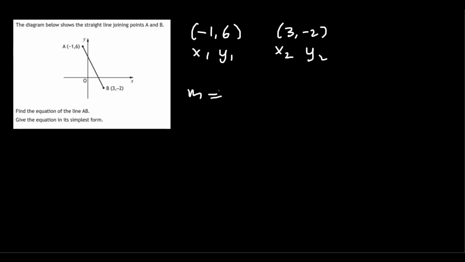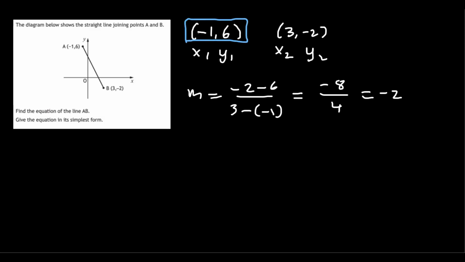So the gradient would be y2 minus y1, so -2 minus 6, over x2 minus x1, so 3 minus negative 1. So that's -8 over 4, which is -2. And the point I'm going to use for (a, b) is going to be this point. So this is a, this is b.